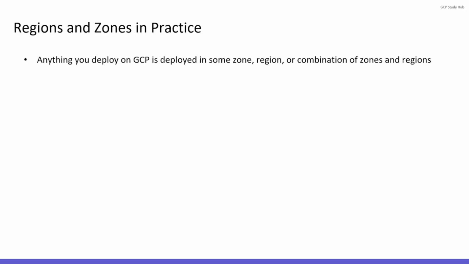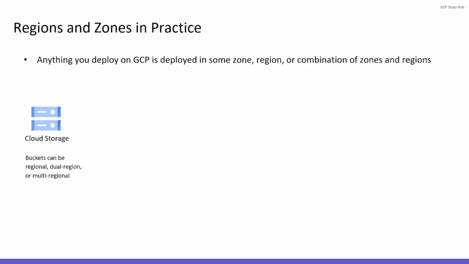Now let's talk a bit about how regions and zones will feature in practice as you use GCP. Anything you deploy on GCP is tied to a specific location, whether that be a zone, a region, or even multiple regions. Let's take a look at how some of the core services are handled in terms of regions and zones.